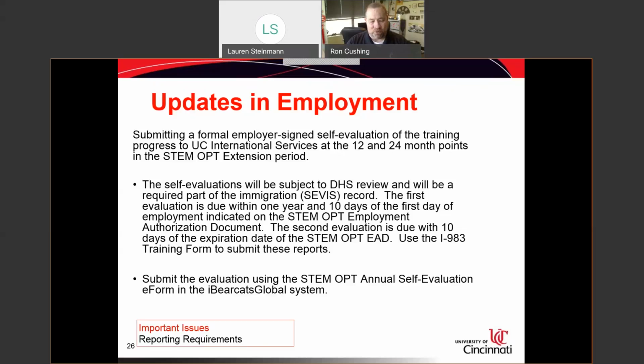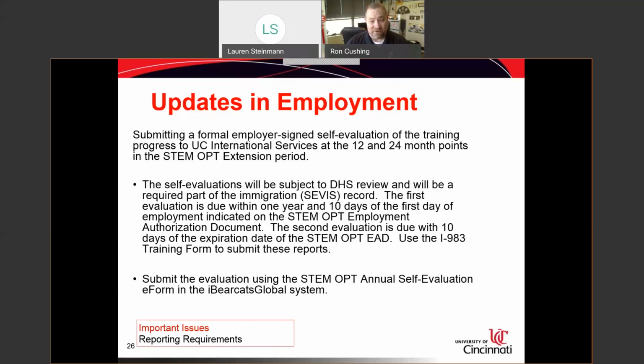But most importantly, make sure you file it timely. So if you get OPT that gets approved January 1st, 2021, your first annual evaluation is due January 1st, 2022, and you only have a 10-day window to file it.